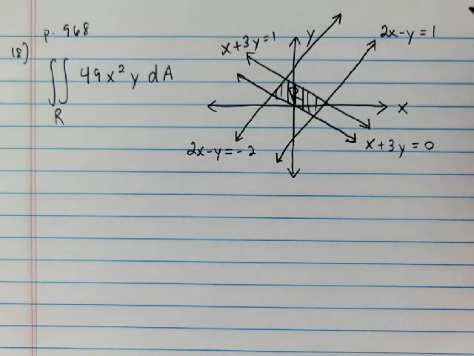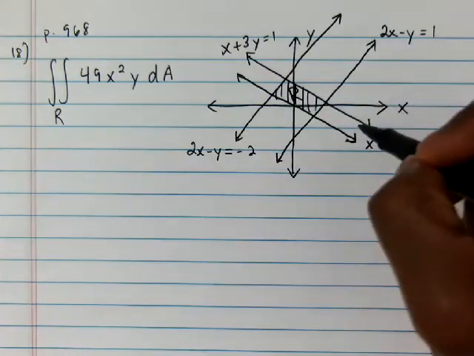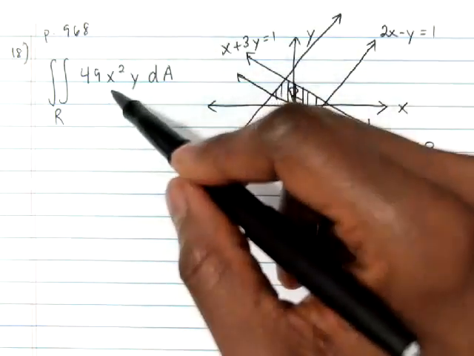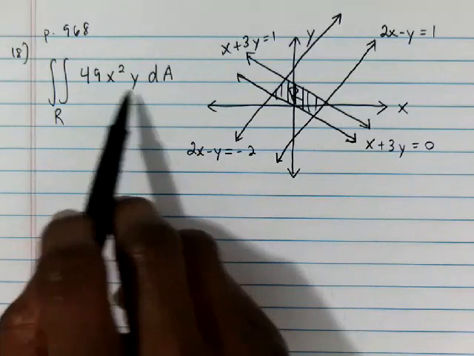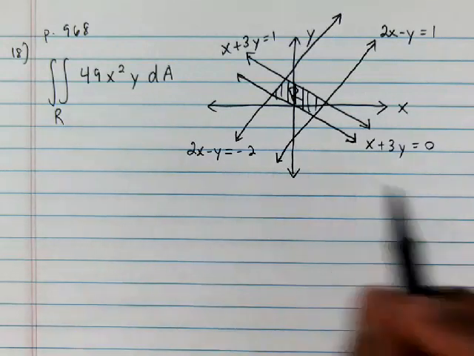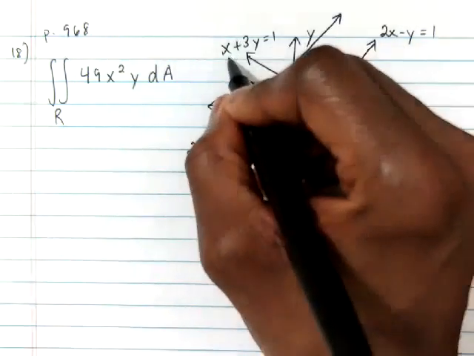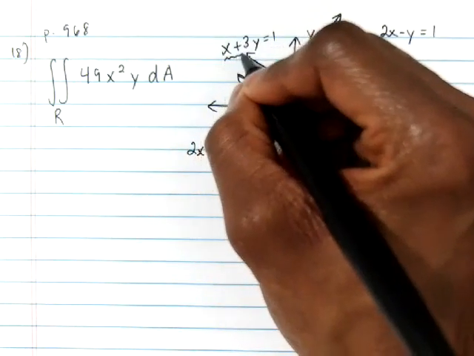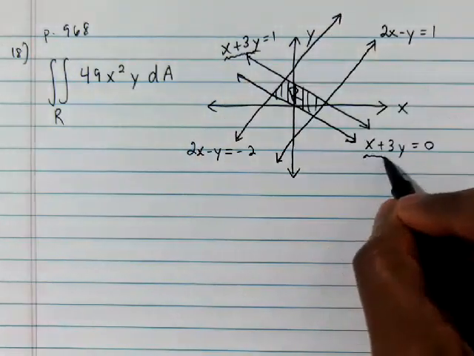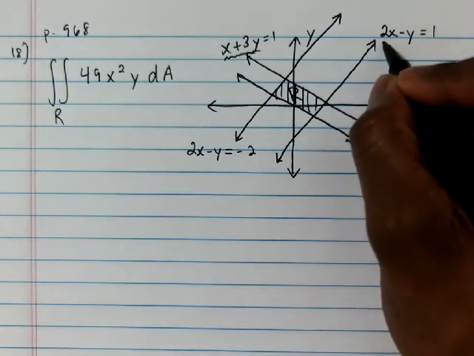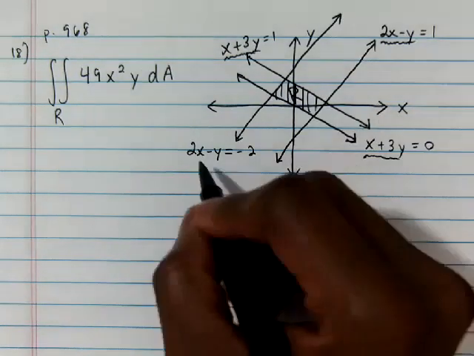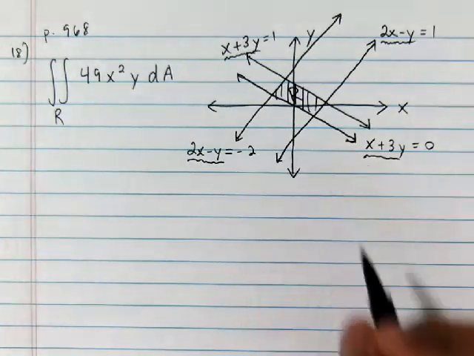So now what we need to do is set up a change of variables, defining u and v based upon what we see here, or a combination of the two. We don't see any major issues here, but notice that on all of these, they set us up nicely with regards to defining our transformation, with the x plus 3y and the 2x minus y.